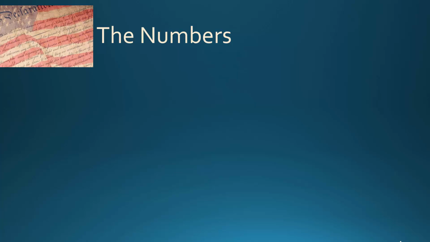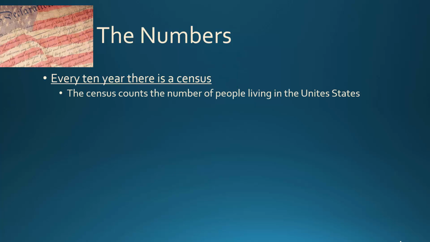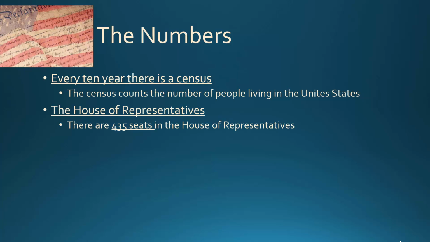So the numbers. Every 10 years there's a census in the United States. So we have people who go around and count every single person who lives in the United States. They take those numbers and use them to figure out the representation in the House of Representatives.